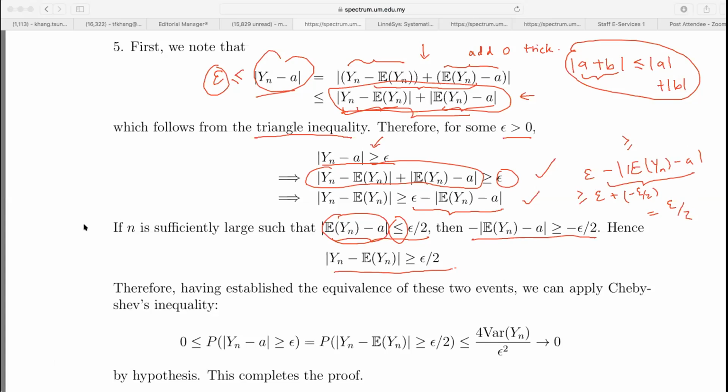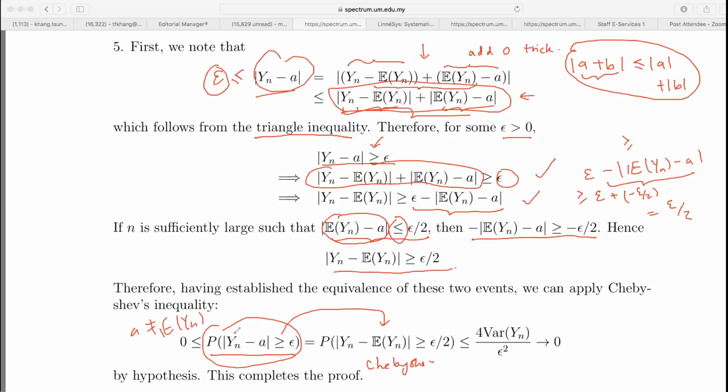So once you have got this part, then you apply your Chebyshev. So this is what we want. Then we write it in the form of this is my Chebyshev. Here directly you can't use Chebyshev because your a is not the expectation of Yn.